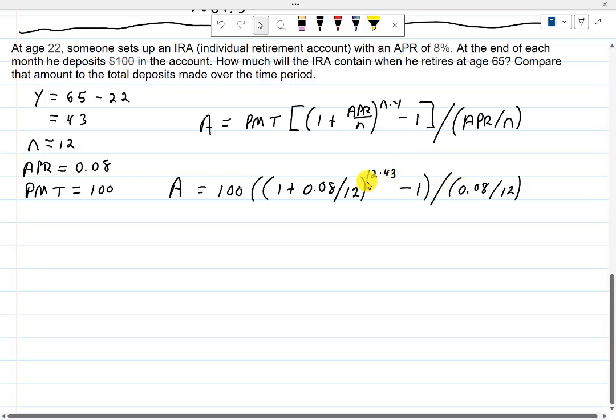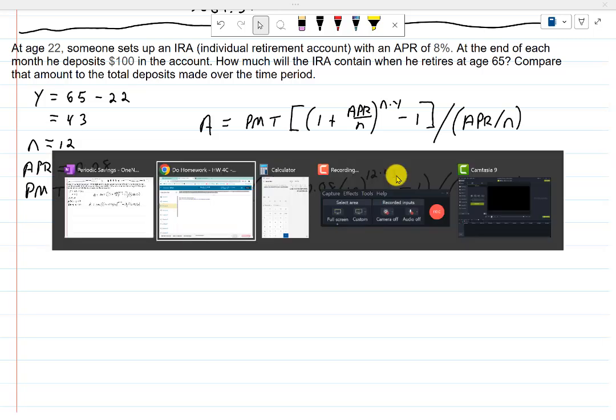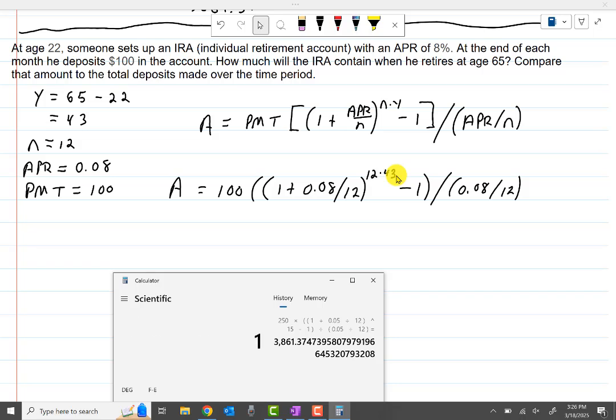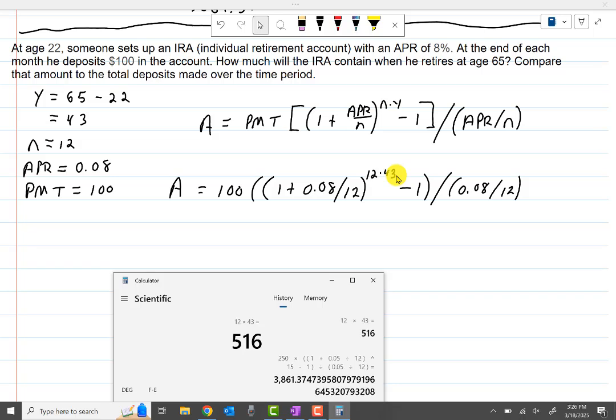This up here, this 12 times 43, I'm going to do separately. 12 times 43, that's 516.